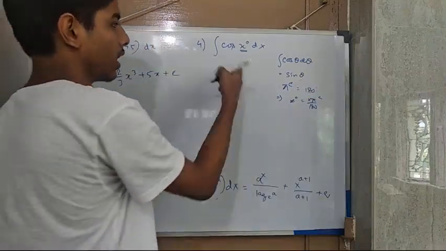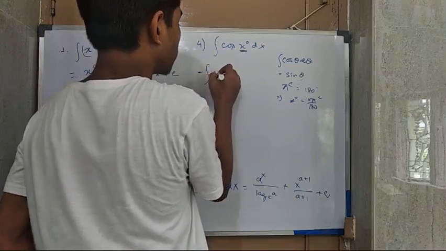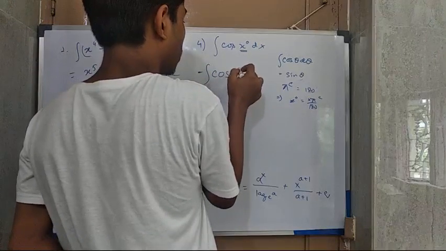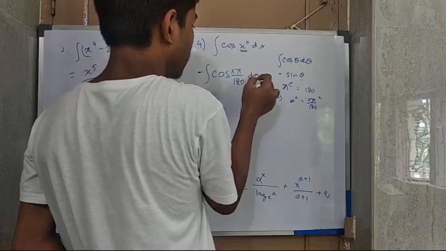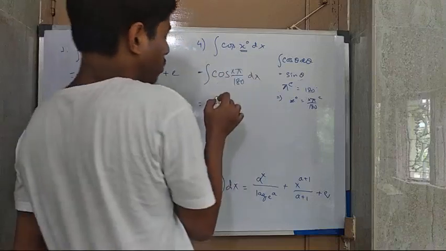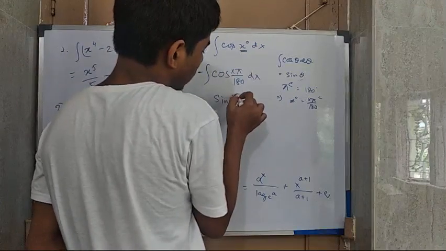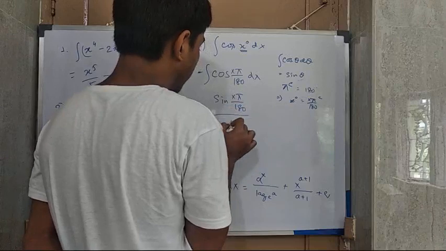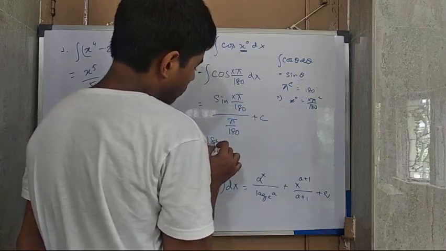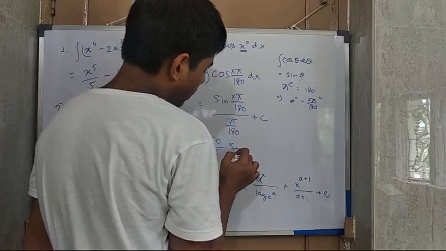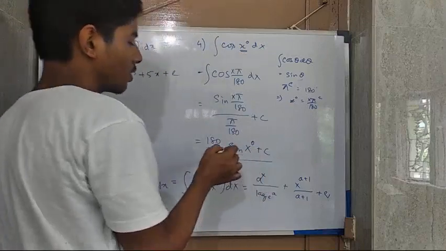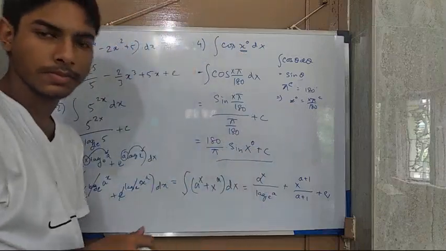Putting it here gives us cos of x pi by 180 dx, and this is like m, this quantity. So this is actually sine of x pi by 180 divided by pi by 180 plus c, which is 180 by pi times sine of x degree plus c. So this is our answer for the fourth question.